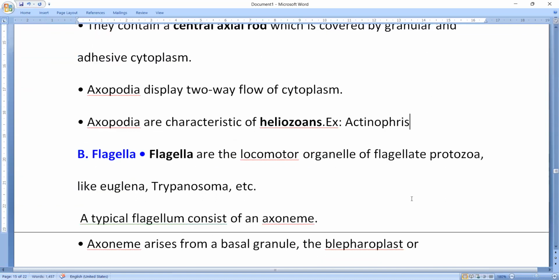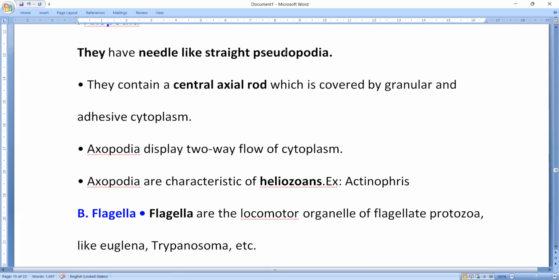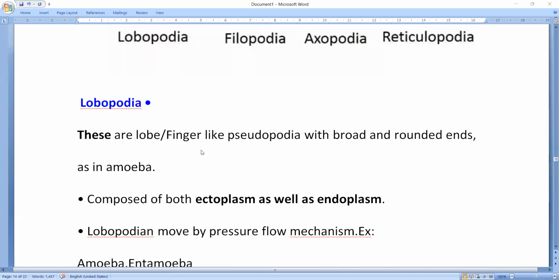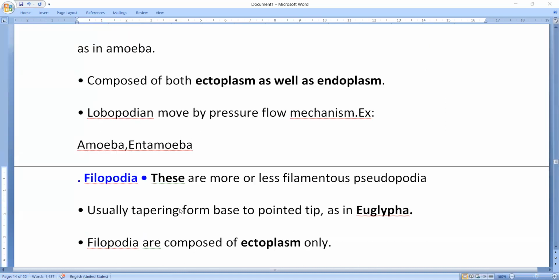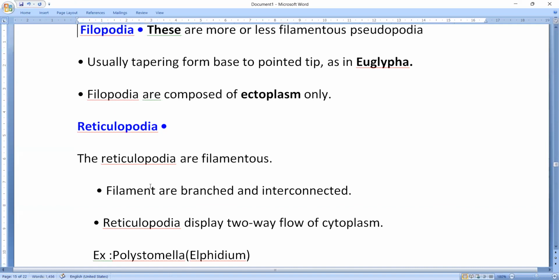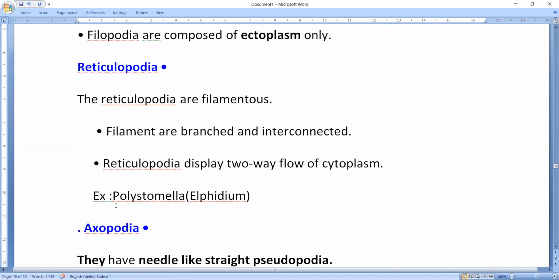So these are the different kinds of pseudopodia. One is lobopodia, finger-like pseudopodia, for example amoeba. Filopodia, filamentous pseudopodia, for example Euglypha. Reticulopodia, net-like pseudopodia, for example Elphidium, Polystomella.